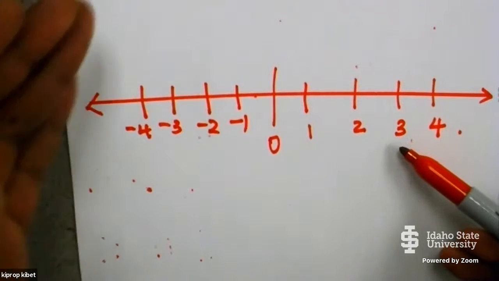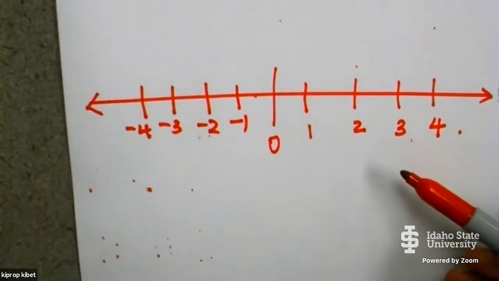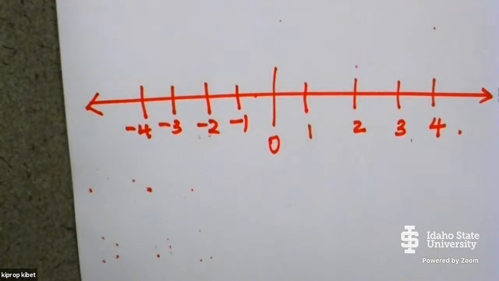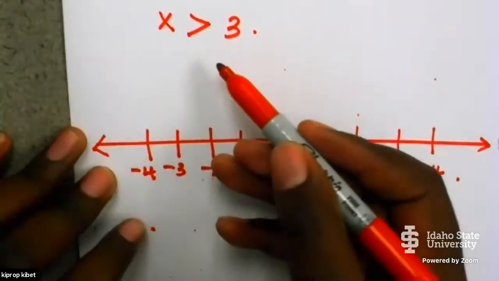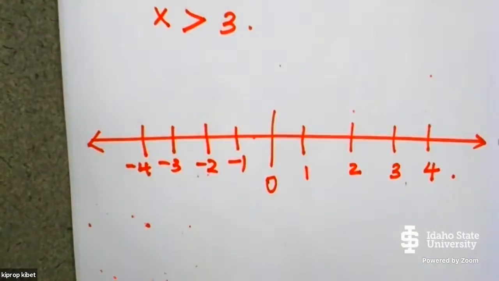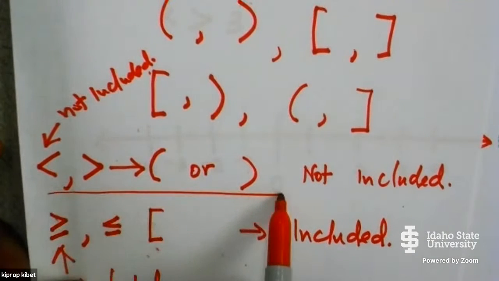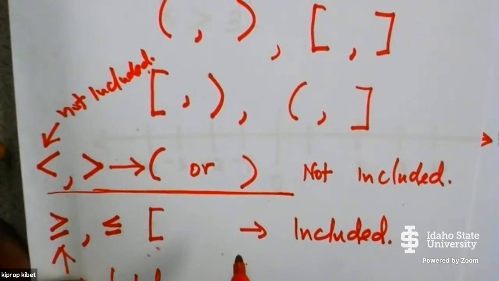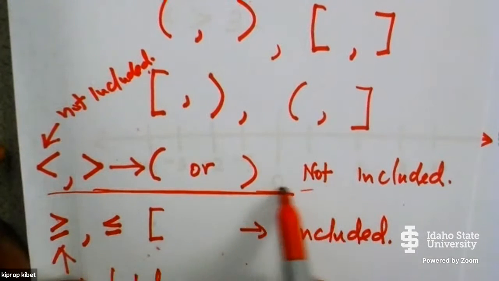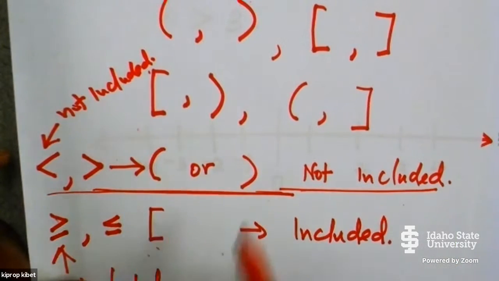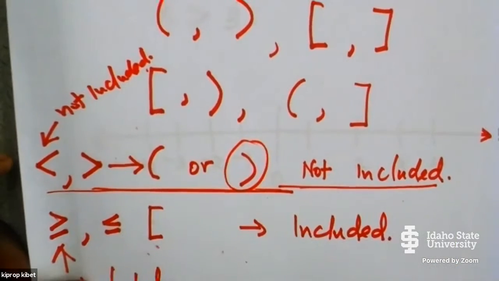So for x greater than 3, these are the values which are more than 3, on this side. Because x is greater than 3, that value is not included. So what do we use? We use the parentheses, okay?